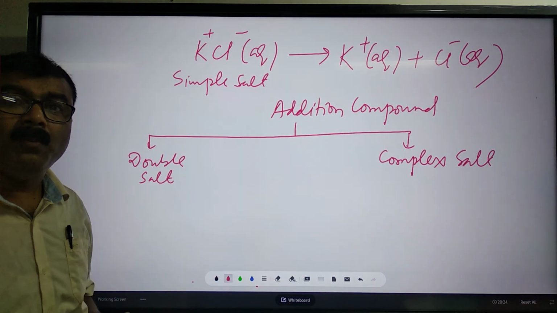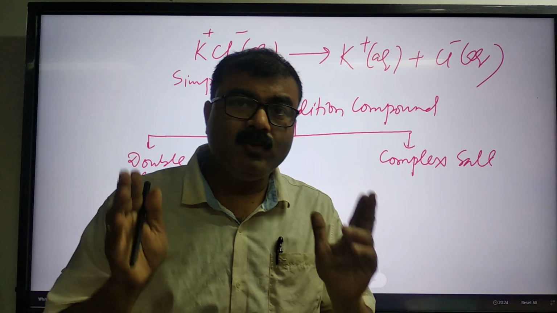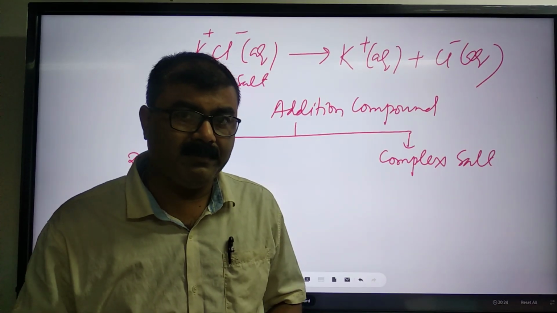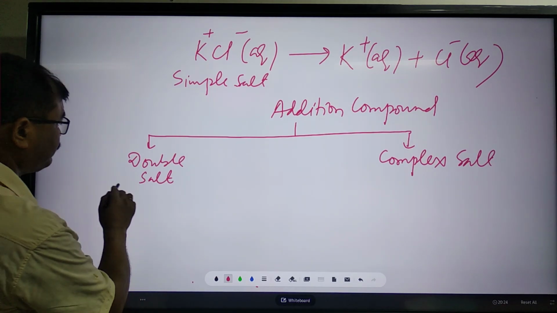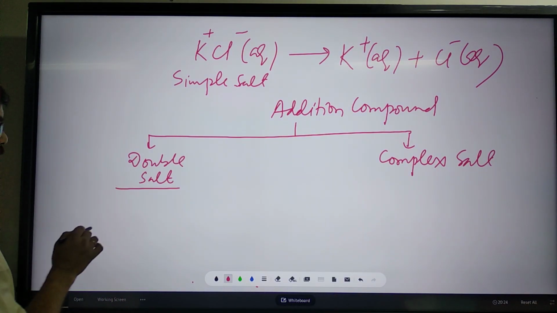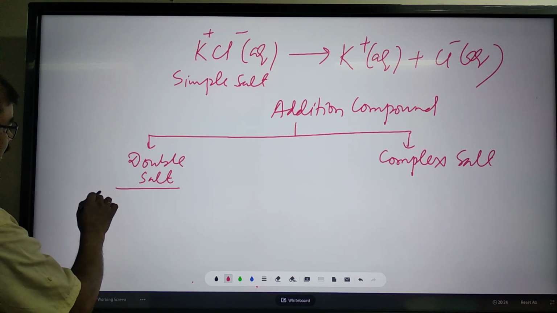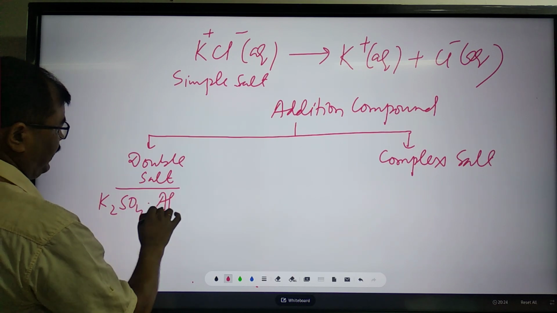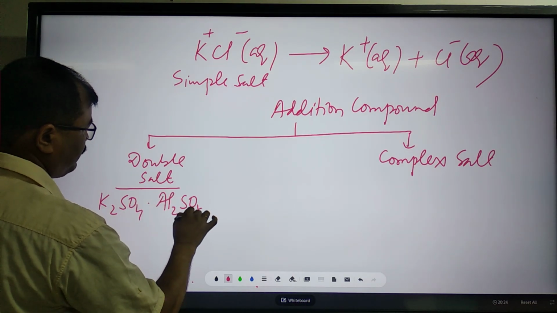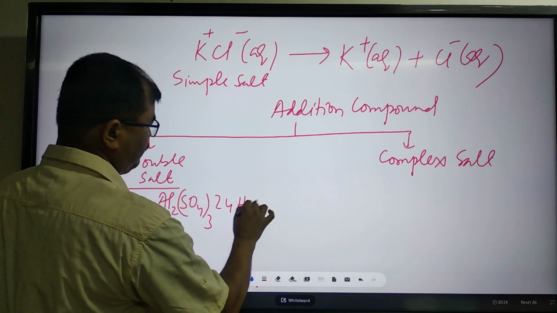So, addition compounds are obtained by mixing two stable compounds, making stable salt. For example, double salt. Let us take an example of double salt. Say for example, potassium sulfate, aluminium sulfate, 24 water.